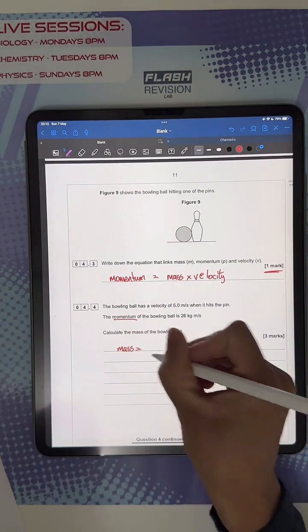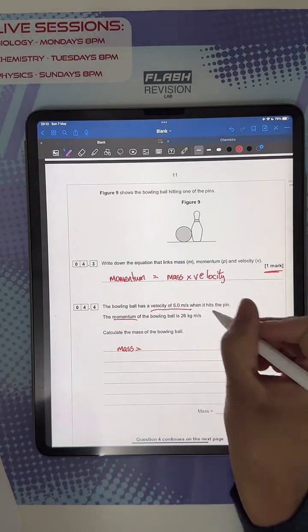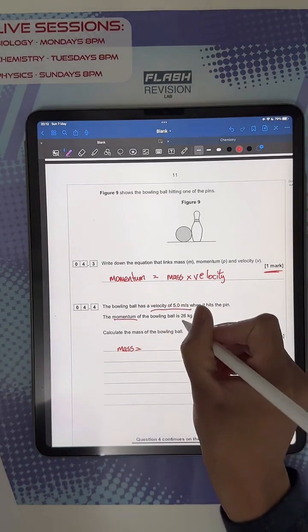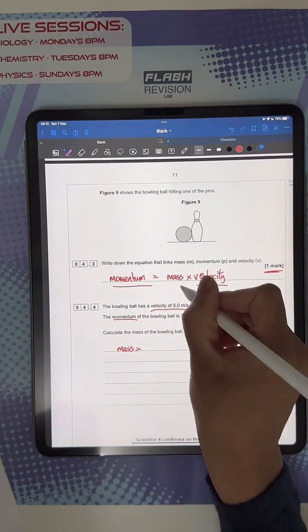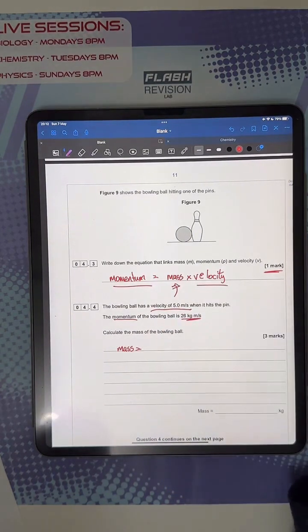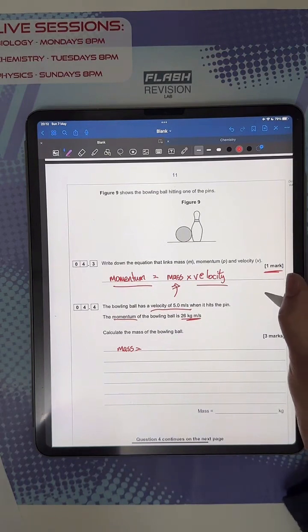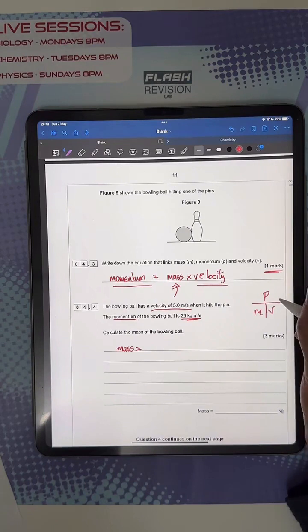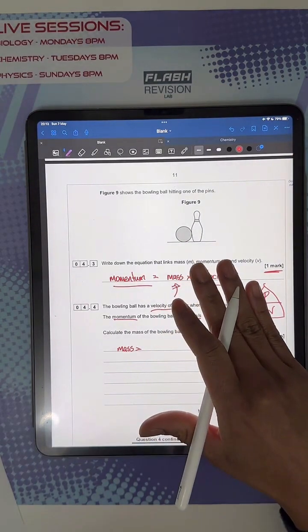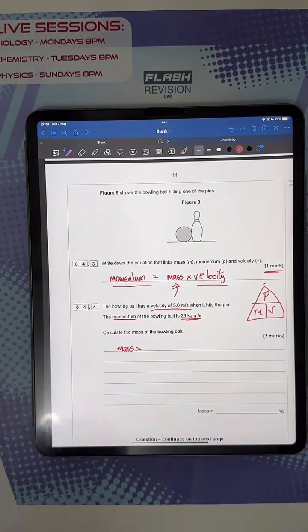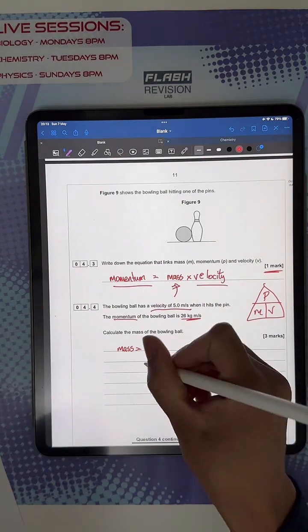We've been given the velocity and we've been given the momentum, and we want to work out mass. So we want to rearrange the equation. The triangle for this, if you guys do use the triangle method, looks like that. So mass, cover up mass, is momentum over velocity. Yep, thank you.